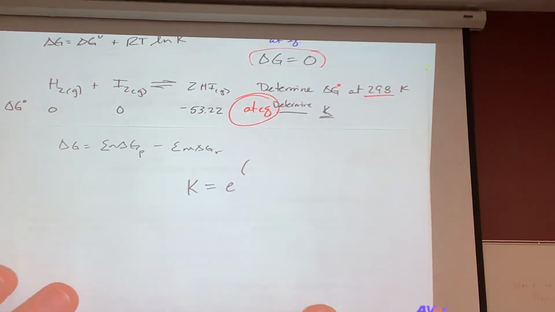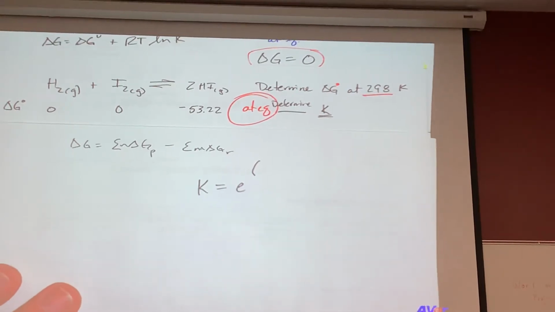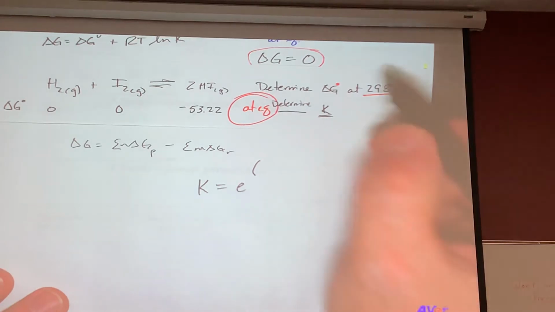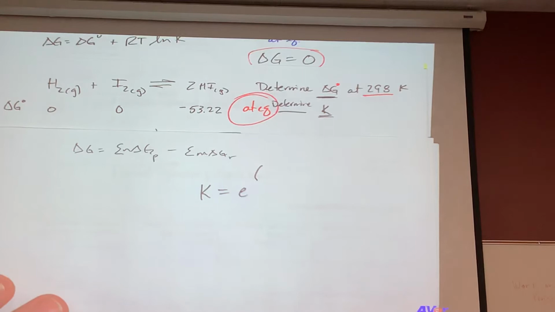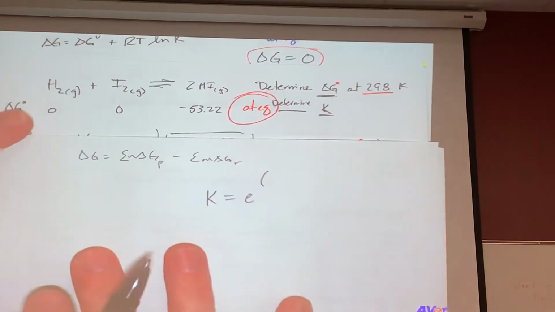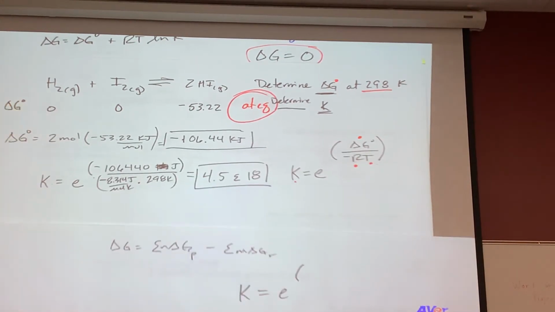Rosalie, you have to realize that there are some people who look at this and go, what? So the first step is figure out delta G. And then secondly, figure out K. There it is.